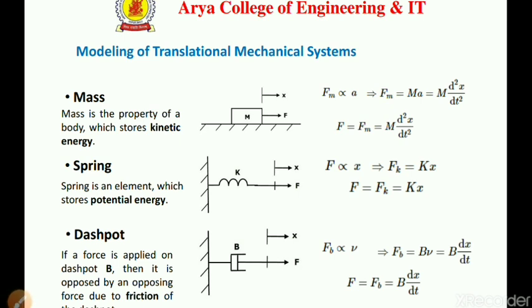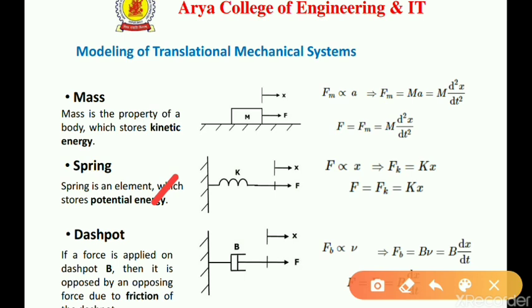Okay, now we have another element, that is spring. Spring is an element which stores potential energy. Mass stores kinetic energy, whereas spring stores potential energy. So we have seen in the figure, there is a spring, one end is rigid on the wall and the other is free, and we have applied a force F in this direction, and the displacement we have is x in the same direction.